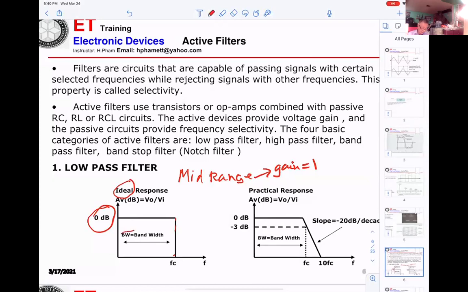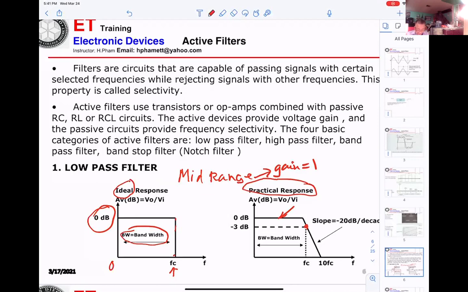This already tells you the bandwidth right here: it goes from 0 hertz to the cutoff frequency. That is the bandwidth. Now, when we deal with the practical output, this is the mid-range right here. As you go down to this point, you get the cutoff frequency, and at the cutoff frequency the gain goes down 3 dB.